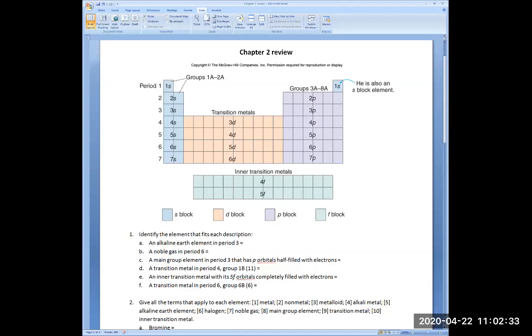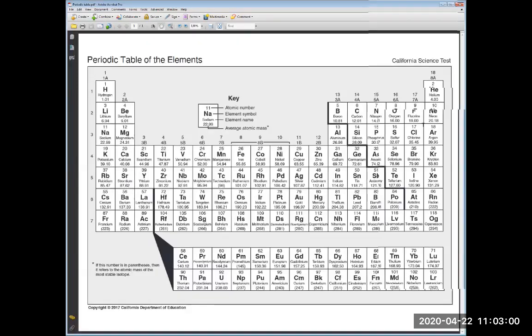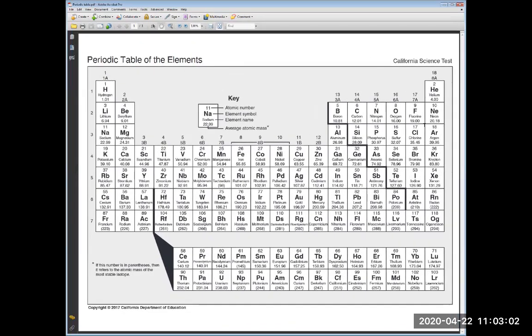So an alkaline earth element, you need to learn where the alkaline earth elements are. And alkaline earths are group 2A. So let me show the periodic table here. Okay, that's a periodic table here.